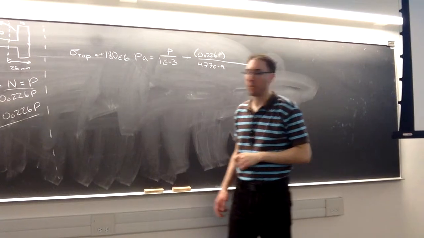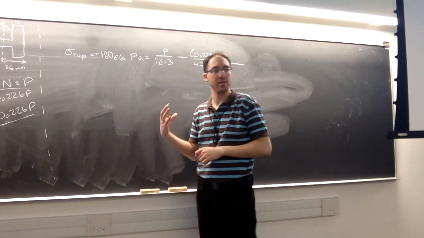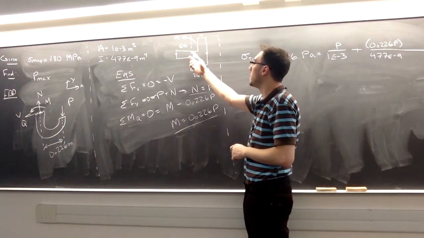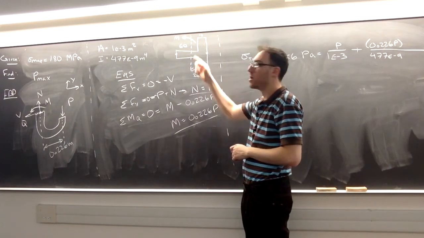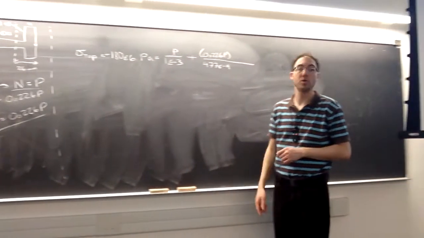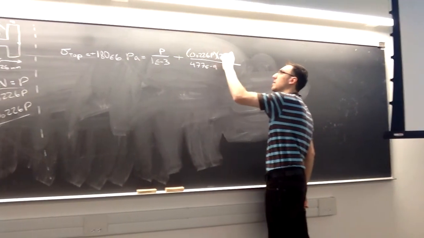This is another case where we know it's tensile, so we can control the signs on M and y ourselves. You have to look at the top here. So our distance from the neutral axis to the top will be the 26 millimeters.